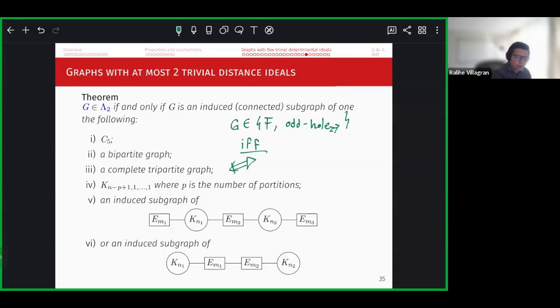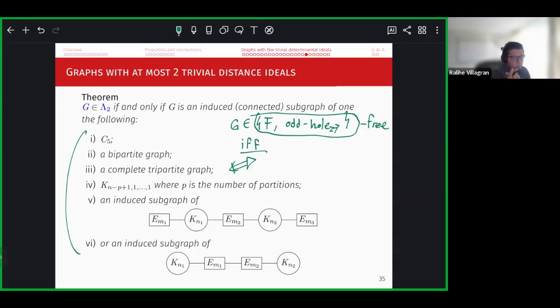So what we prove is the characterization of this type of graphs. We prove that a graph is free of all those subgraphs if and only if it looks like any of these 6 types of graphs.